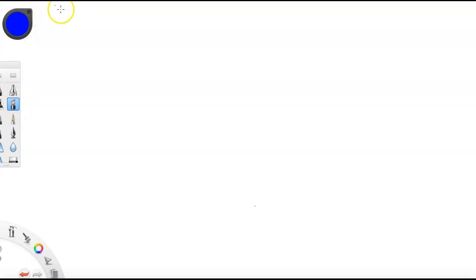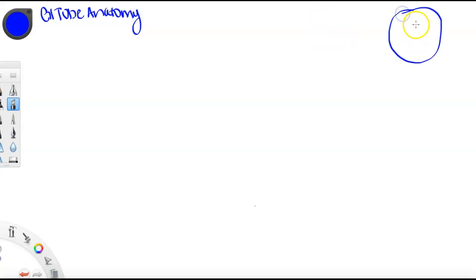Okay, so let's look at the anatomy of the GI tube. All right, so the tube looks kind of like that. Here's the tube, that's the lumen. All right, so we're going to look at a piece of it, that little area of the wall of it, okay?